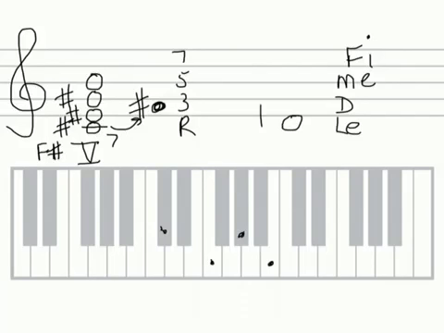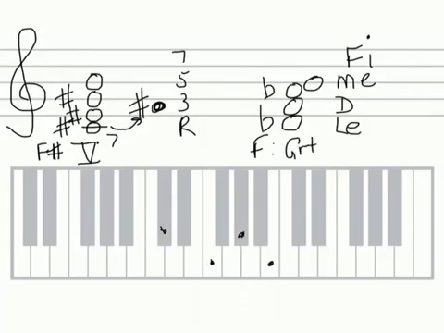So the bottom note we're going to call D flat. The next note we're going to call F, because that's our do. Another way to say this is that there is no key of E sharp major or minor, but there is a key of F major or minor. So the mi is A flat, and the fi stays as B natural, and now we have a German augmented sixth chord in the key of F.